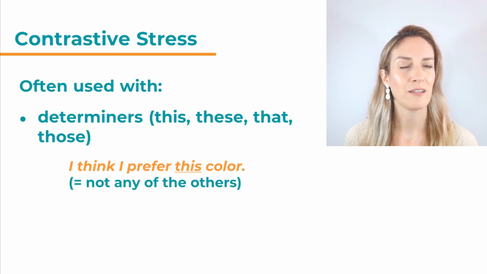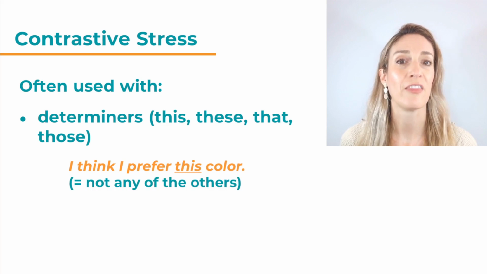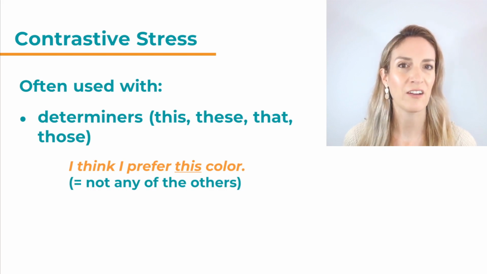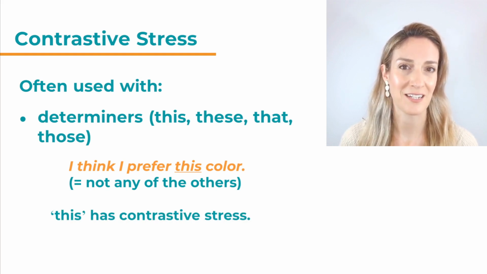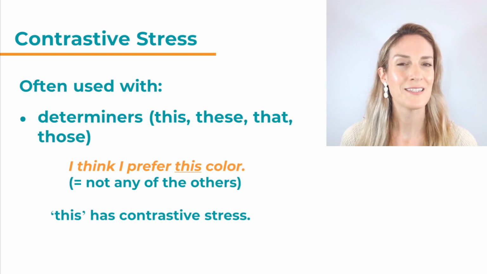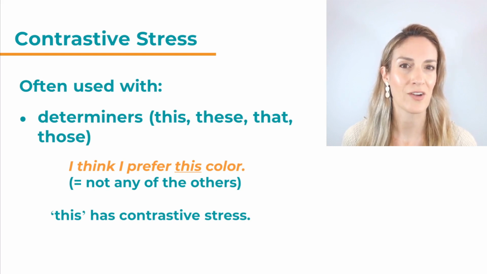Again here, the meaning is I prefer this color, not any of the other colors. And this has contrastive stress in the sentence. Listen out for those little determiners when you hear them in sentences. Very often they are stressed. They carry contrastive stress.